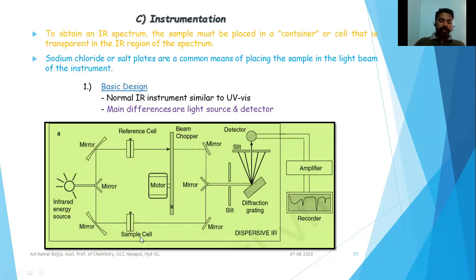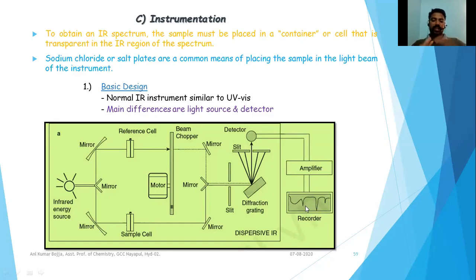So the radiation passing through the sample interacts with mirrors and a slit. After that it hits the diffraction grating, so that the diffracted light enters the detector region through a slit, where the absorbed light is digitalized into signals. Those signals are amplified with the help of an amplifier, and we see the spectrum of a compound.